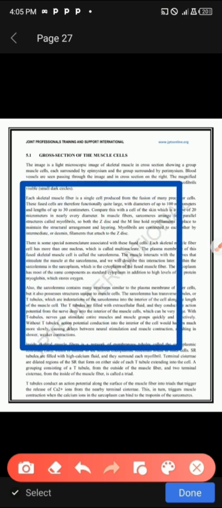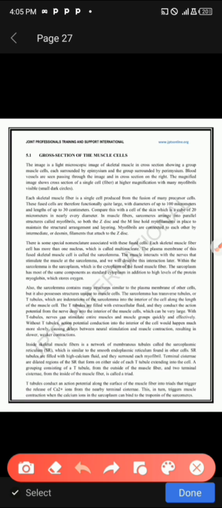Compare this with the size of a skin cell, which is a cube of about 20 micrometers in nearly every diameter.